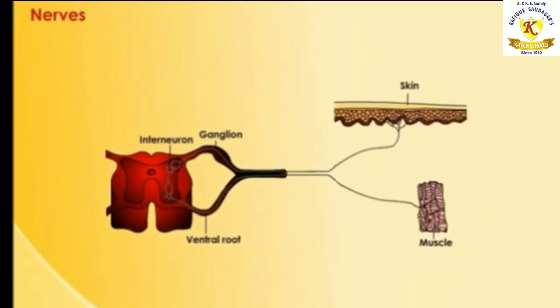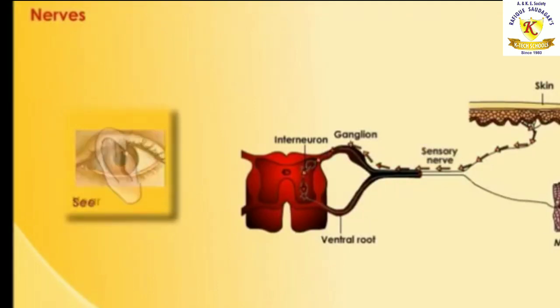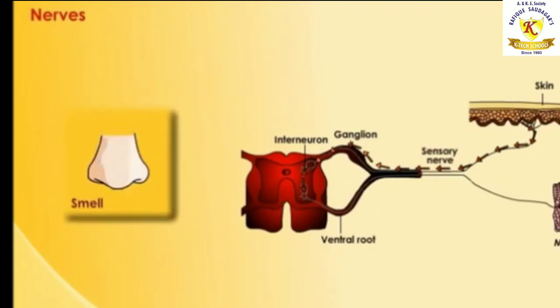Nerves perform different functions. Nerves which carry impulses from the sense organs to the brain or the spinal cord are called sensory nerves. These impulses are interpreted by the brain and we are able to see, hear, smell and taste, etc.